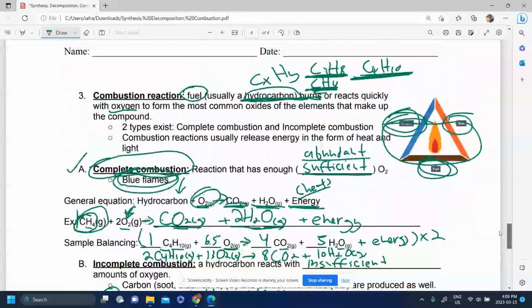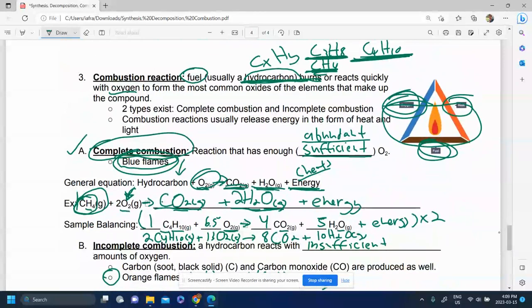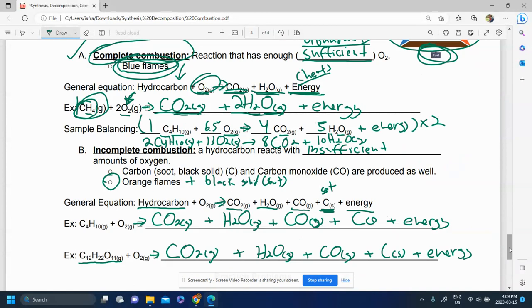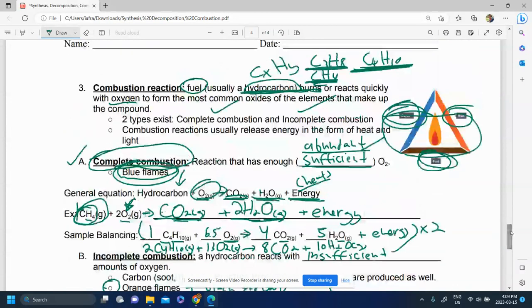So in this video, what did we see? We saw that combustion reactions is when you burn a fuel with oxygen. There's two types that exist: complete and incomplete combustion. And you know you have complete if we say there's sufficient or abundant oxygen. And you know you have incomplete if we say there's insufficient oxygen. The beautiful thing about complete combustions is they have a nice blue flame. Their products are easy to predict. You basically just need to put your CO2, your water, and your energy.